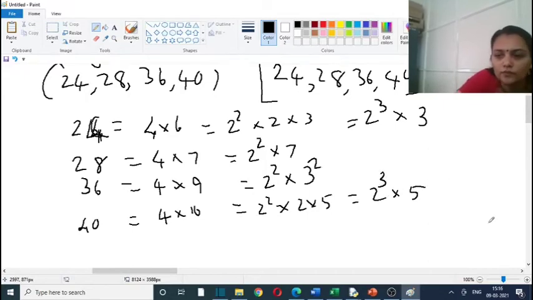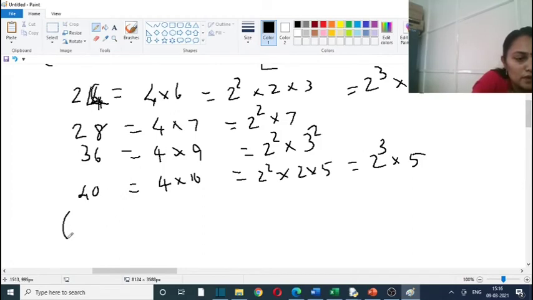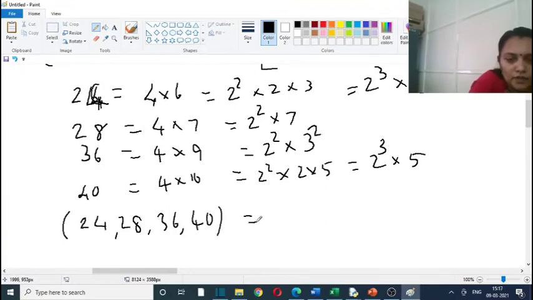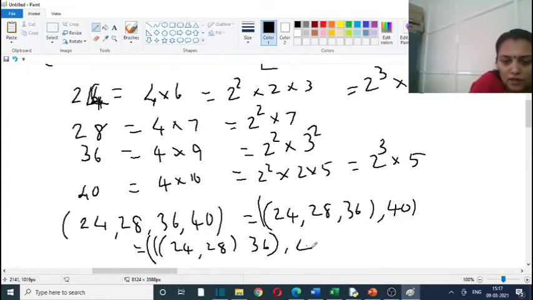Now first we have to find the GCD of these four numbers. So GCD of 24, 28, 36, 40 is equal to GCD of GCD of GCD of 24 and 28, then 36, then 40.